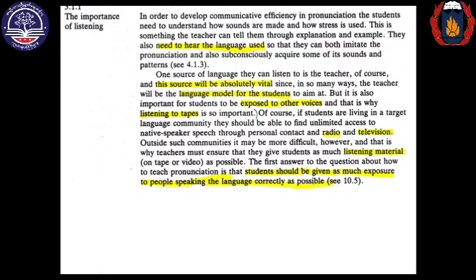Okay? Please do silent reading of this slide. Why is listening important?